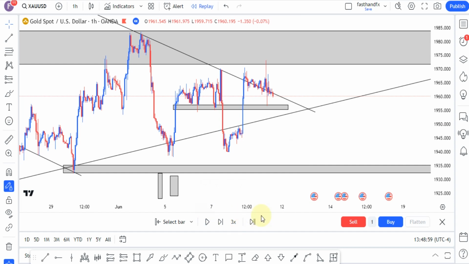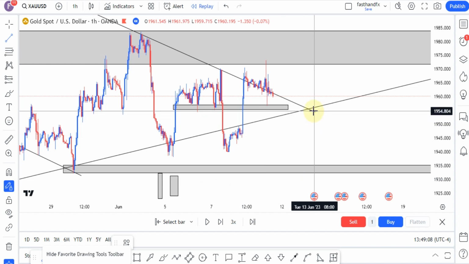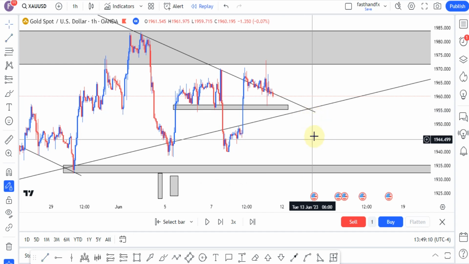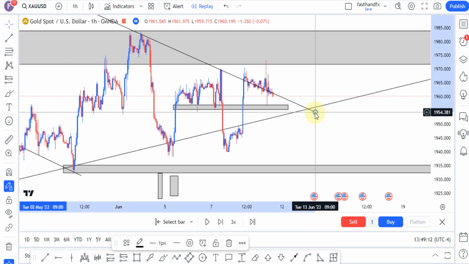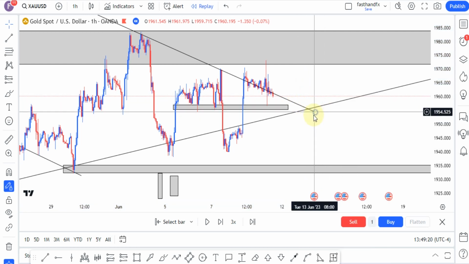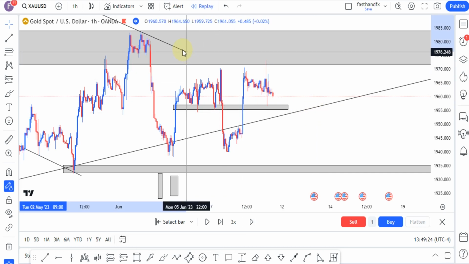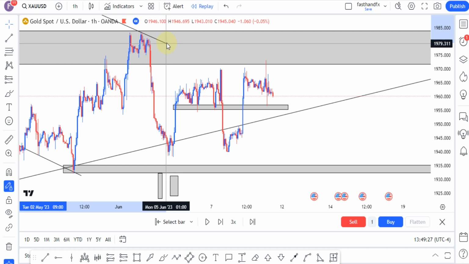So let's say you came and found this market at this point. As of now, I think you know, guys, what you should be looking for, and what kind of pattern has been created above this area.